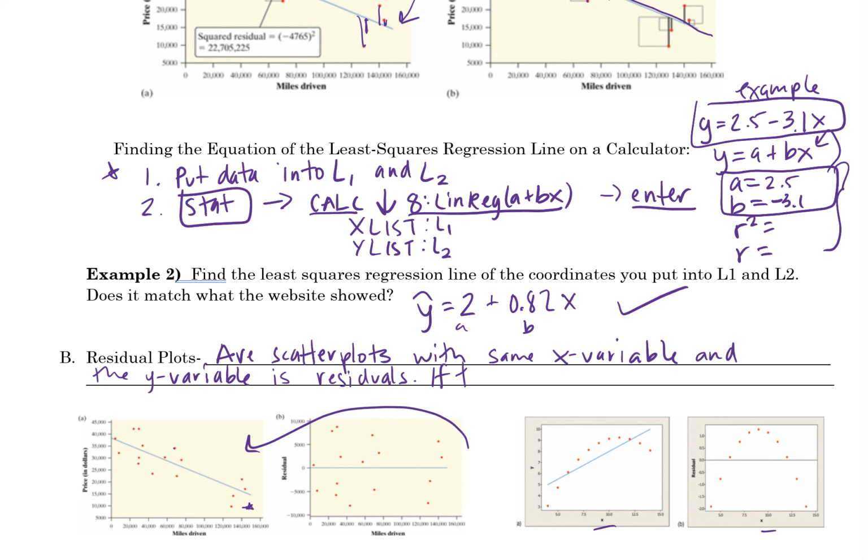So if there is no pattern in the residual plot, and by pattern I mean no linear or curved pattern, in the residual plot, then the original data is fairly linear, or maybe better than fairly linear.